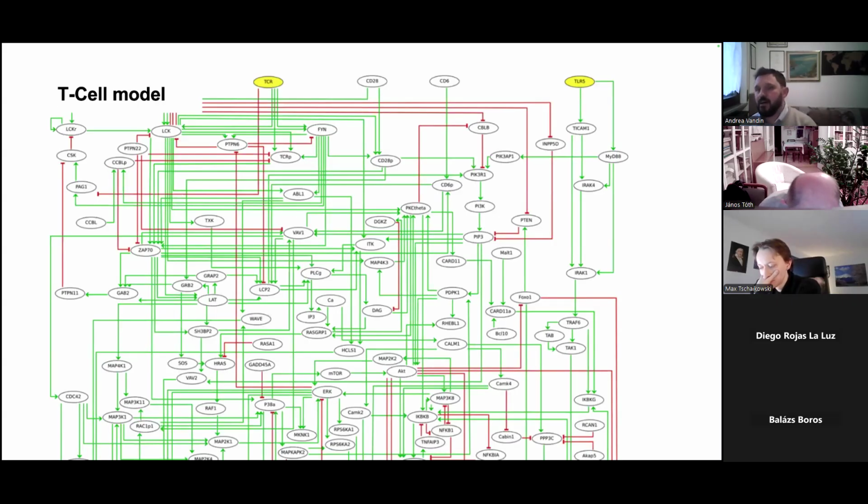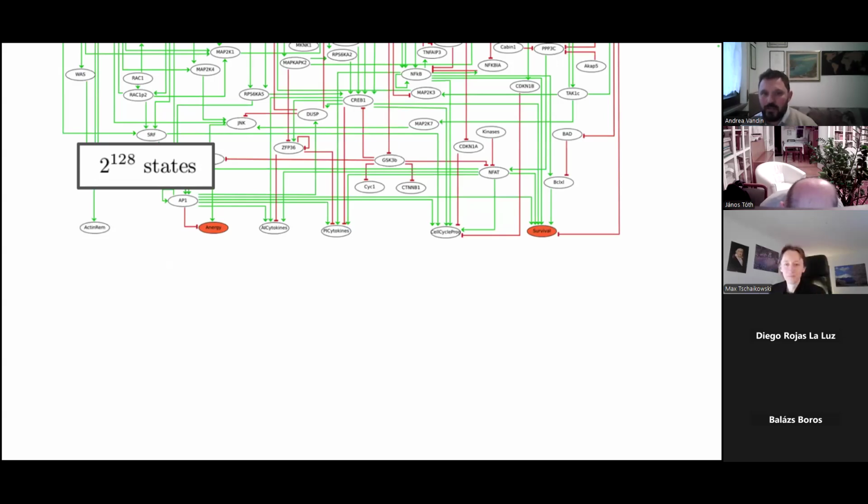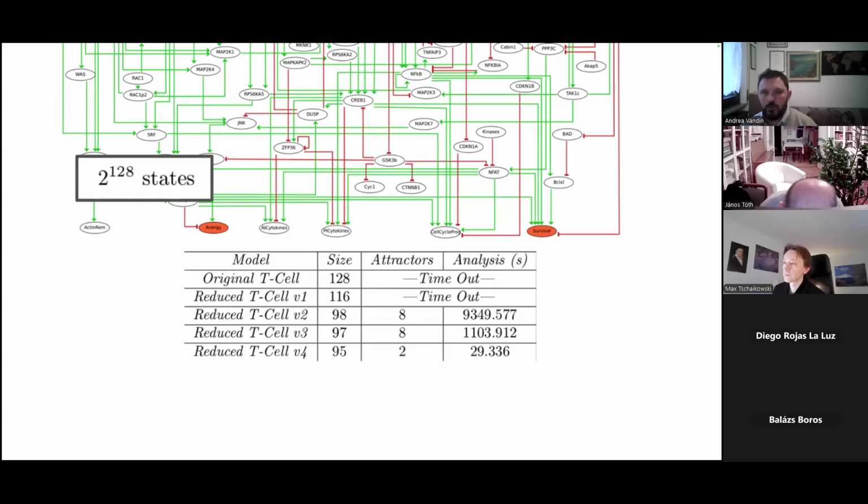This is just one of the many models that can be found available online. This is a model of a cell in our blood which detects infections. It is on purpose in 2 slides to stress that it is very big. It contains 128 variables. So if you start building the analyzing attractors with state-of-the-art tools, you cannot do it.